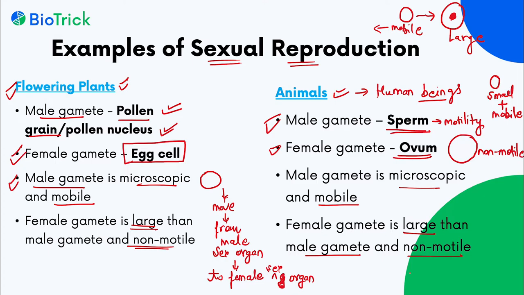Male gamete by any means, by swimming through water or by wind, flows towards the female gamete for the process of fusion. So it is essential for fertilization or sexual reproduction. So it is a feature of male and female gametes.